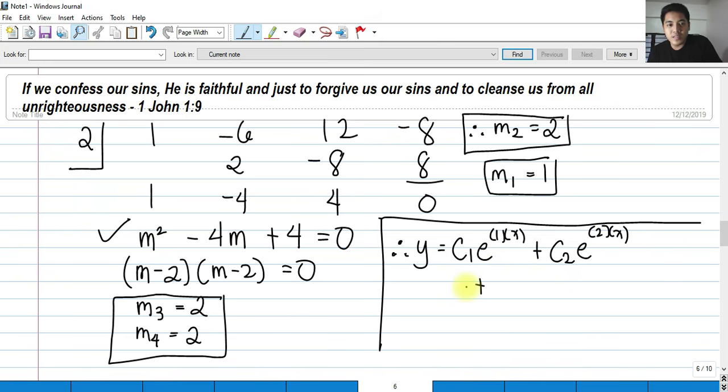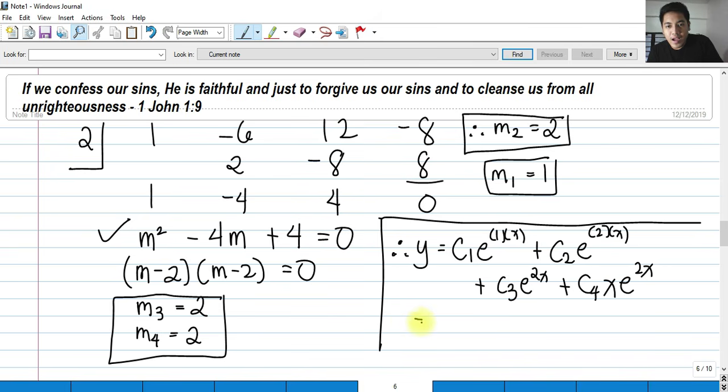So we have plus, this is repeating. So we have c sub 3 e raised to 2x again, plus, since this is repeating, c sub 4, we have to add x here, multiply x, and this is e raised to 2x.